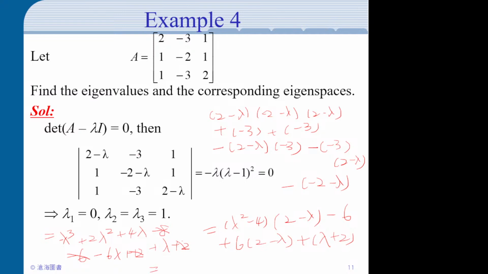The other thing is lambda times minus lambda squared, plus 2 lambda, and finally the first order term is 4 minus 6 plus 1, so it's minus 1. Okay, so we are correct. So it's lambda, and taking out the minus sign, this thing is lambda times (lambda minus 1) squared.